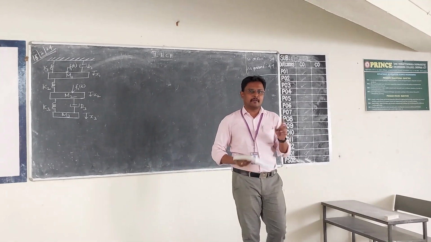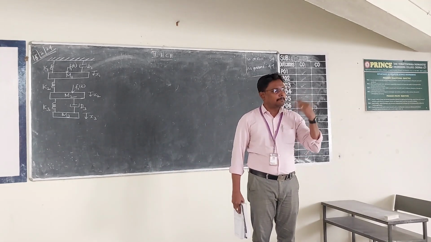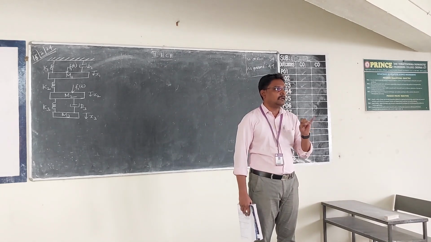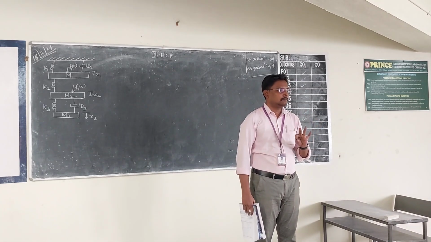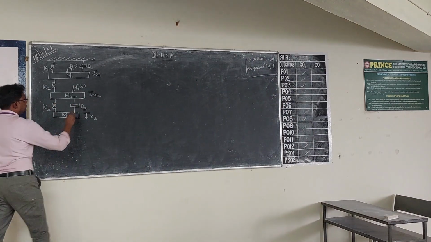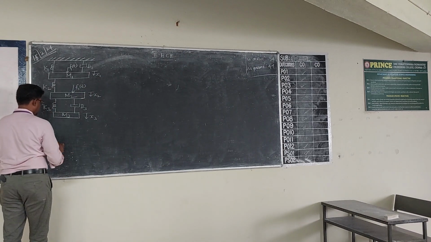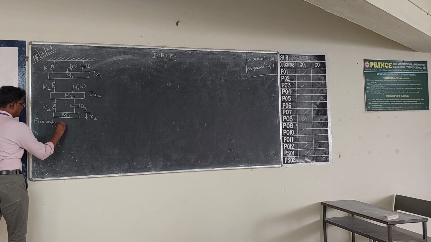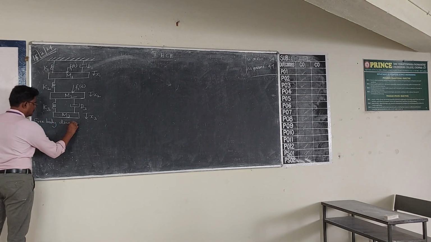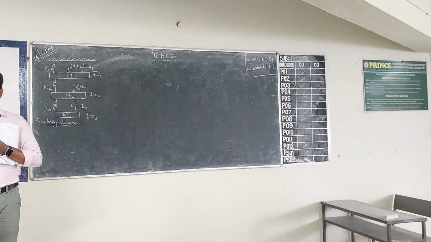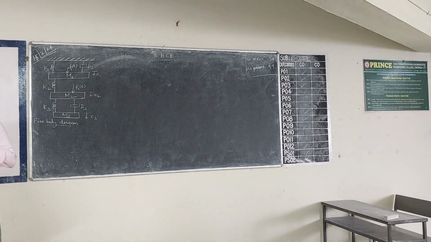இப்போ நீங்க ஃப்ரீ பாடி டயகிராம் வரையறீங்களா? பழைய ப்ரொசீஜர். Draw the free body diagram for M1, M2, M3. நீங்க ஃப்ரீ பாடி டயகிராம் வரைஞ்சிட்டு you tell me the three equations.